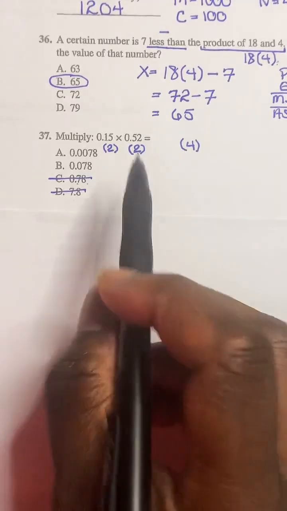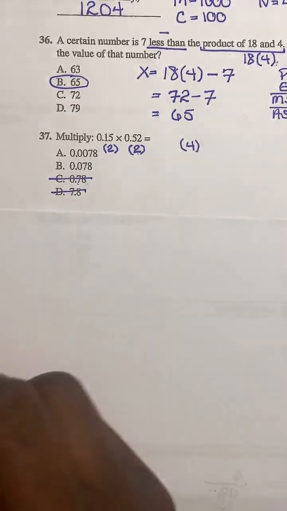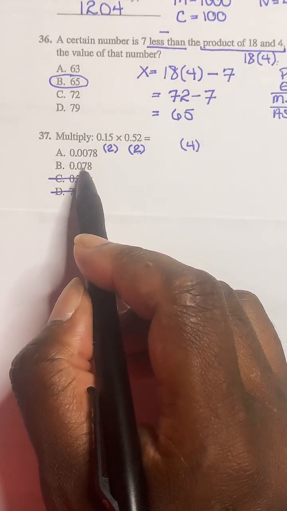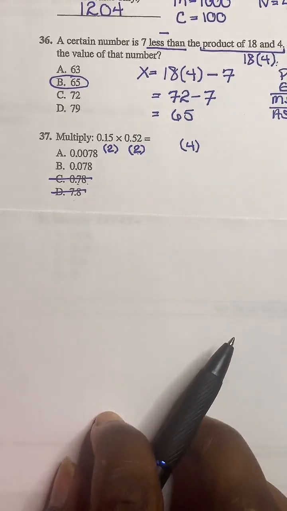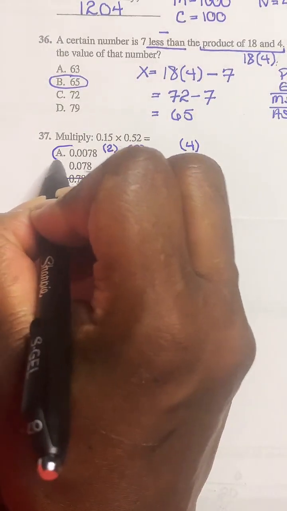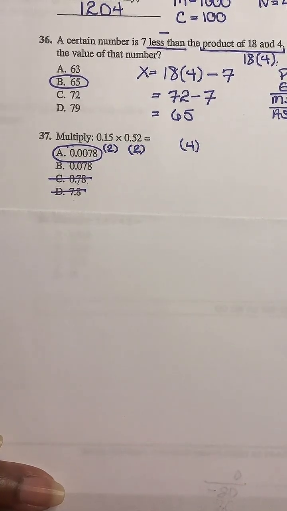A, that's 1, 2, 3, 4 decimal places. This was 1, 2, 3 decimal places. So which one do you think is my answer? It should be A, because you need something that gives you 4 decimal places.